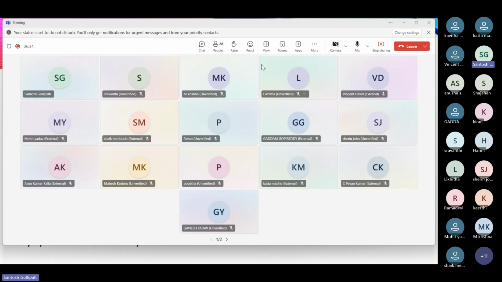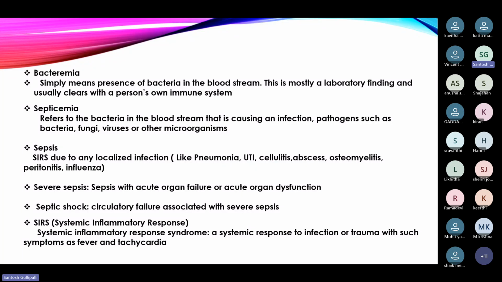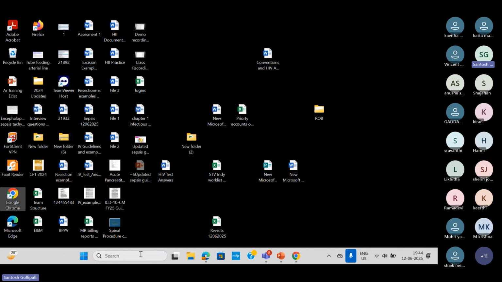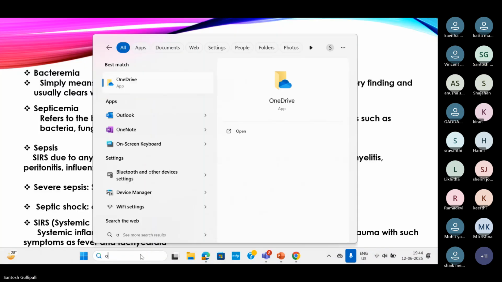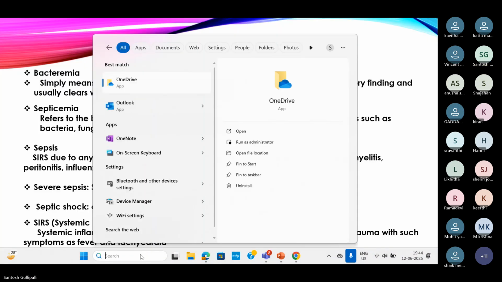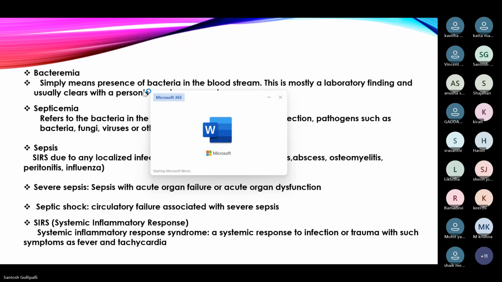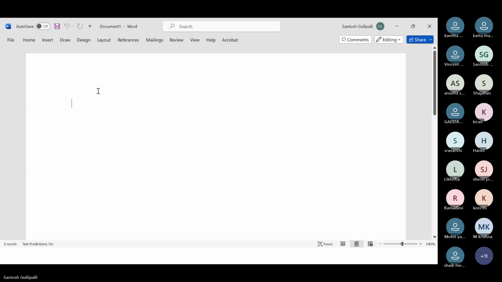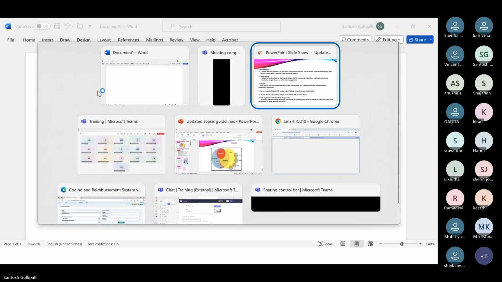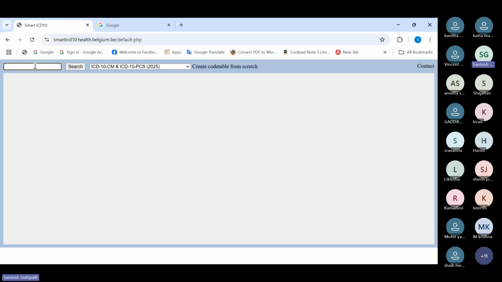For example, the patient comes for bacteremia. Bacteremia means presence of bacteria in the bloodstream.